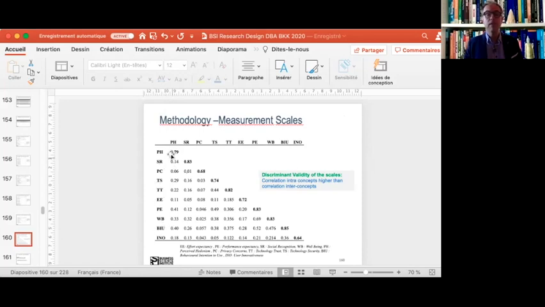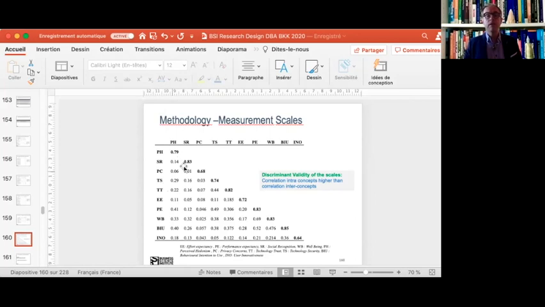So you can see the 0.79 is higher than all the correlations with the other concepts, because discriminant validity means that the concepts should really measure only the phenomenon, for example, hedonism, and should not measure the other ones.